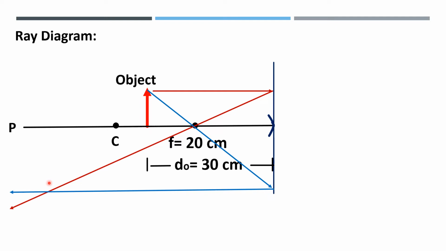This point where the two reflected rays meet represents the image of the tip of the arrow, right? And I mentioned earlier that the image of the tail of the arrow will just be lying along the principal axis.